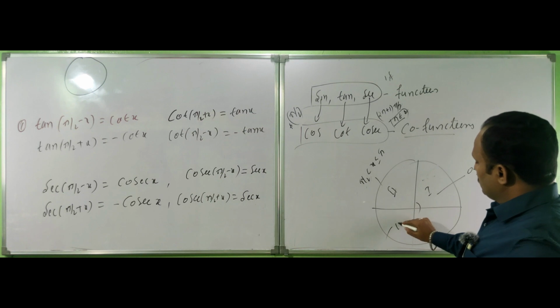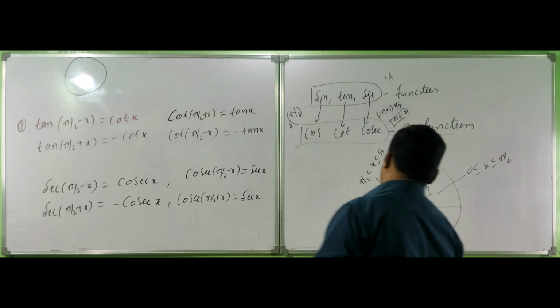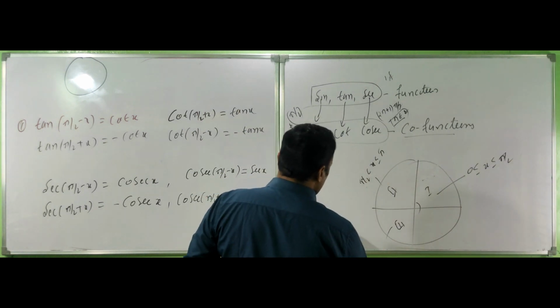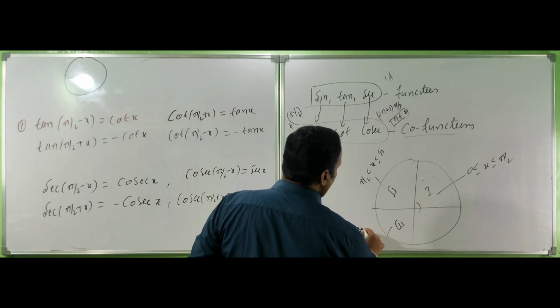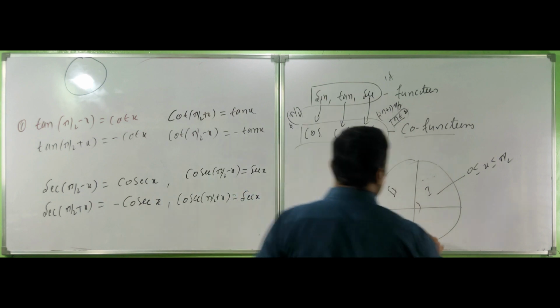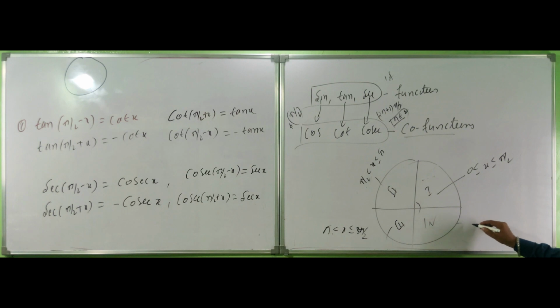This is the third quadrant: pi is less than or equal to x less than or equal to 3 pi by 2. This is the fourth quadrant: 3 pi by 2 is less than or equal to x less than or equal to 2 pi.